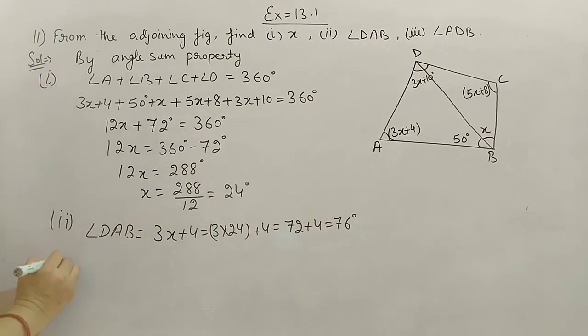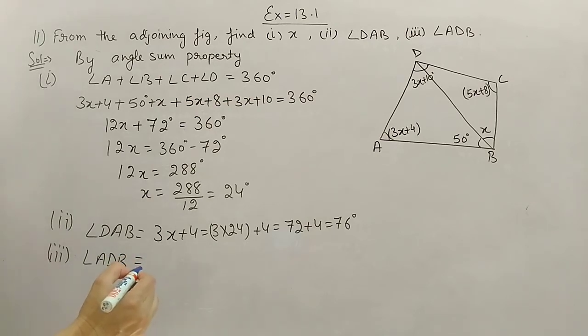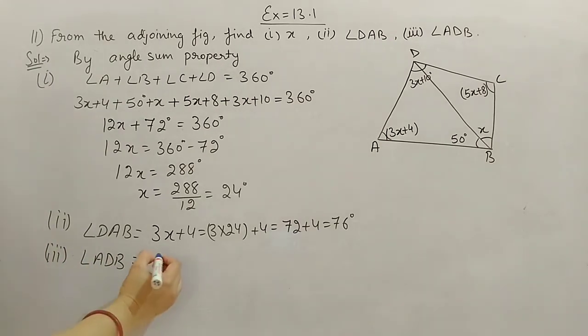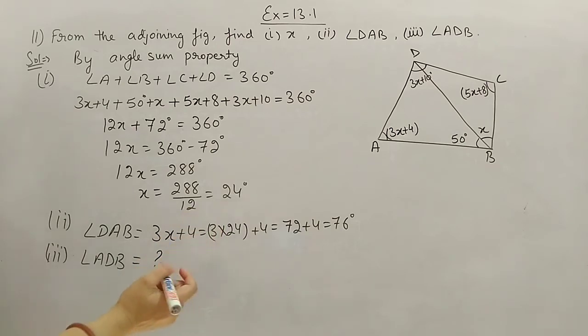And for the third part we have to find out angle ADB. Angle ADB we have to find out. To find this angle, we can use the angle sum property in triangle ABD.